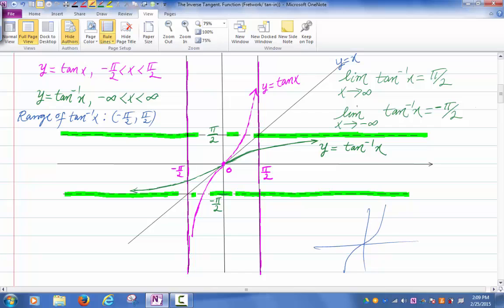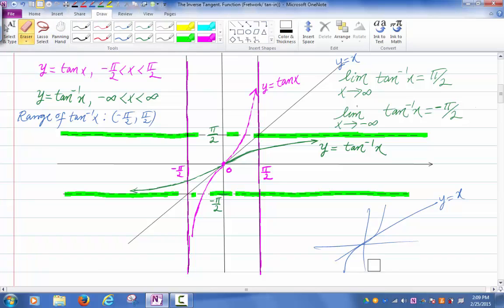My question is, how do I know that the line y equals x is not something like this, where it intersects the tangent function at more than 1 point? How do I know it is a tangent line to the graph of the tangent function? Anyone?